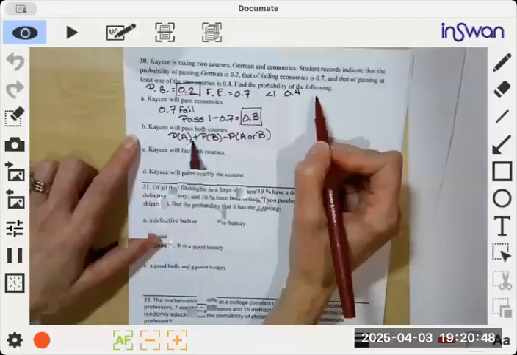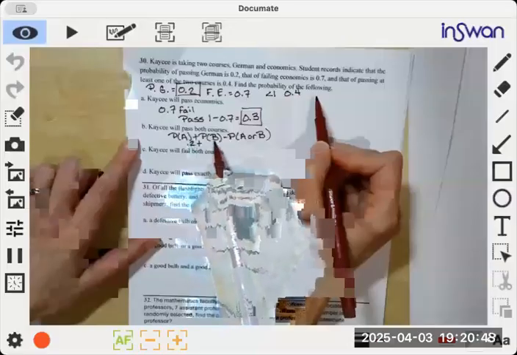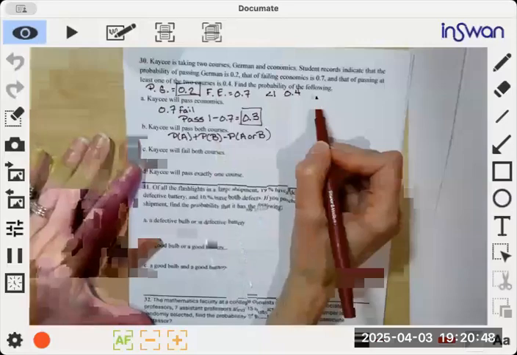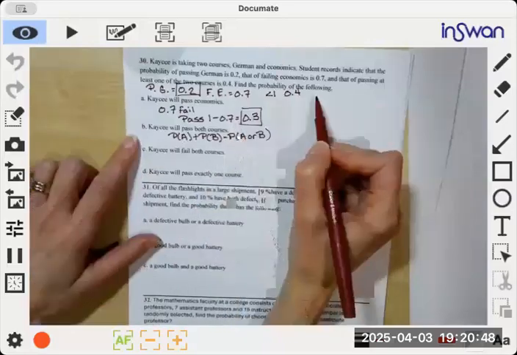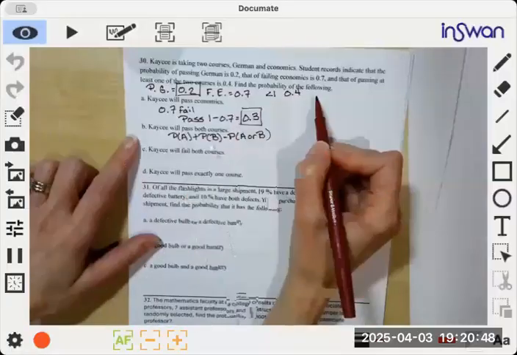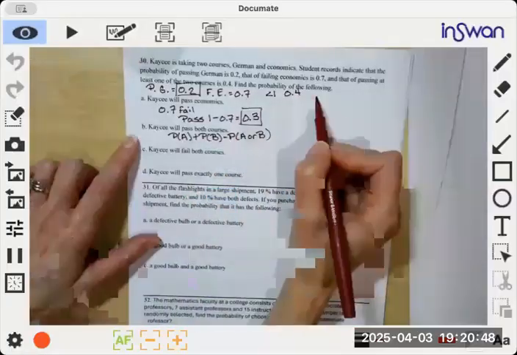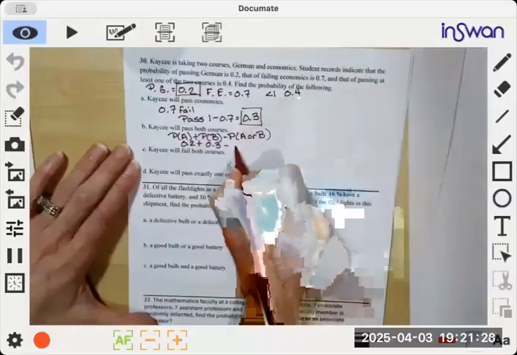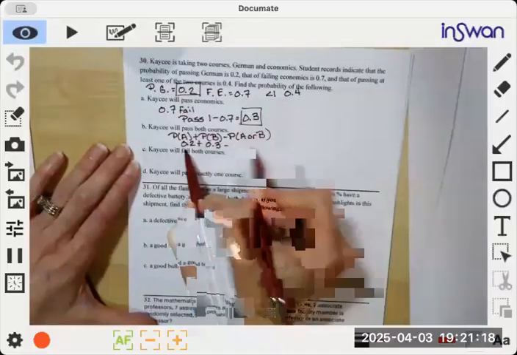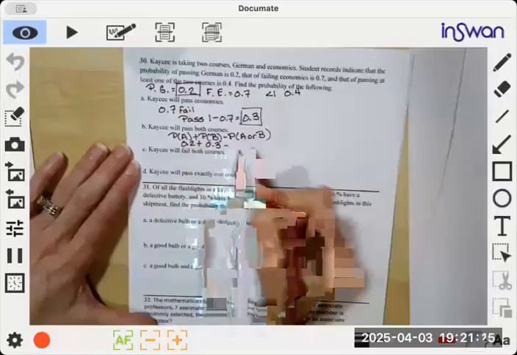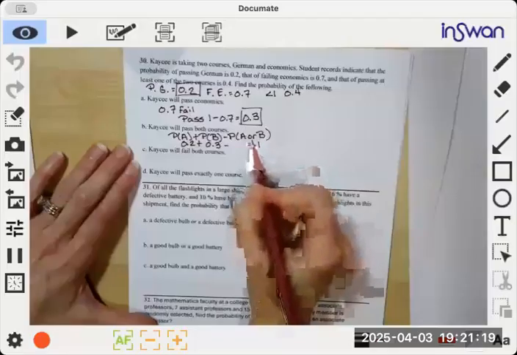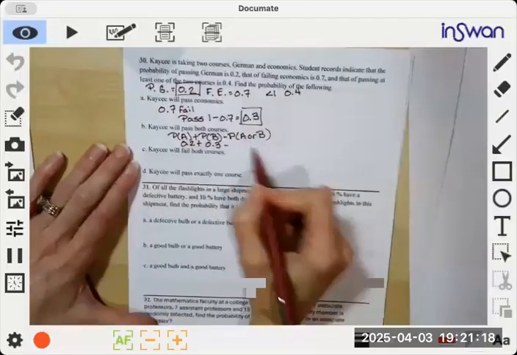So that's 0.2 plus B, I'm saying is the econ pass, is 0.3 minus the probability of A or B, which is the 0.4. So 0.2 plus 0.3 minus 0.4 equals 0.1.